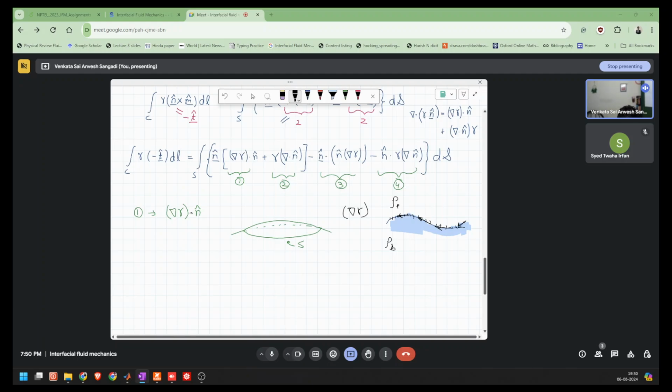And the unit normal will always be perpendicular to it.